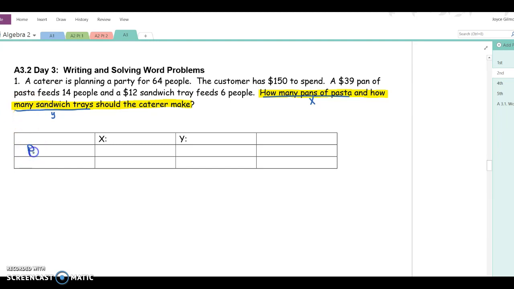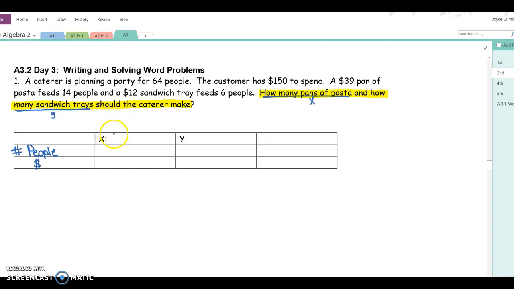So, I'm going to have this first row be numbers of people, and the second row be money. Everything that we write in that middle row is going to be numbers that describe the number of people. Everything we write on the bottom row is going to be numbers that describe money.